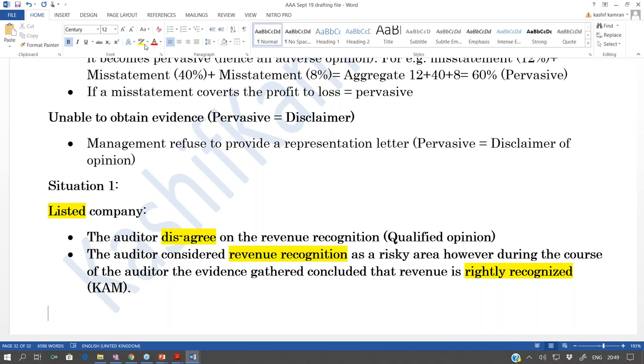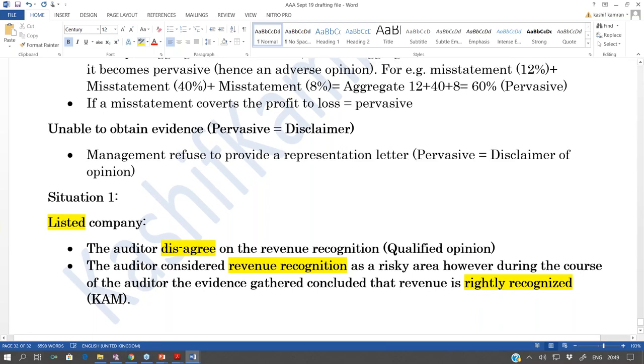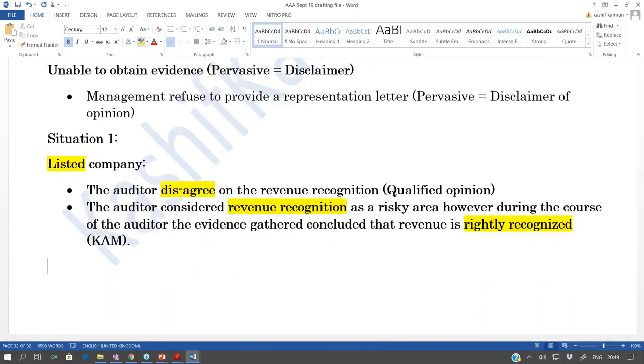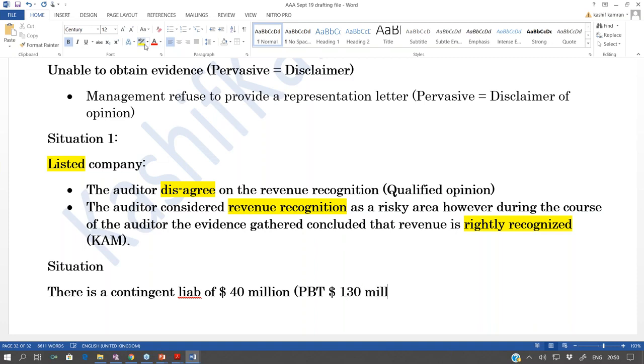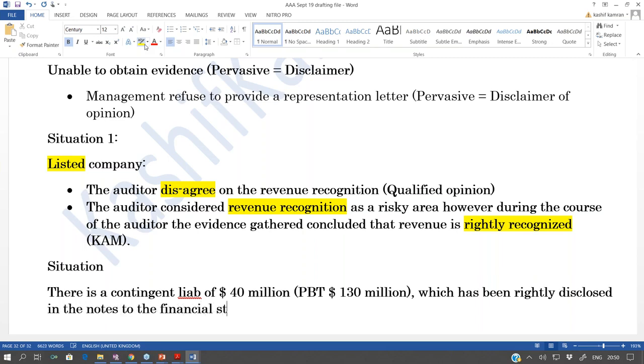Second, there is a contingent liability of $40 million. The profit before tax of the company is $130 million, which has been rightly disclosed in the notes to the financial statements.